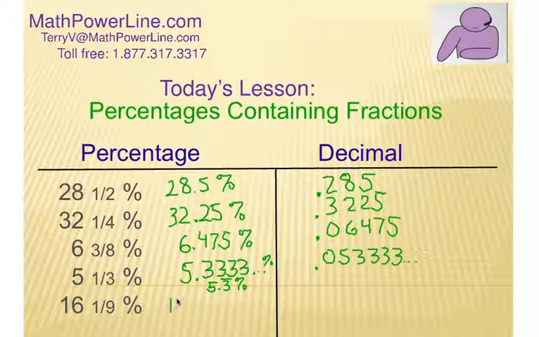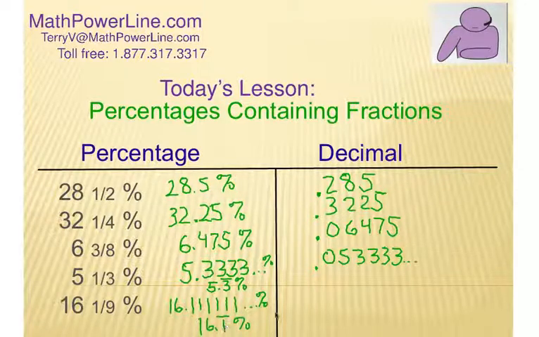Well, 1 divided by 9 gives you a bunch of repeating ones. Pretty interesting there. So you can write it like that, or you can write it 16.1 bar percent. Both of these are percentages. Move your decimal 2 places left, as always. So it's 0.16111, as many ones as you can fit in your calculator screen.